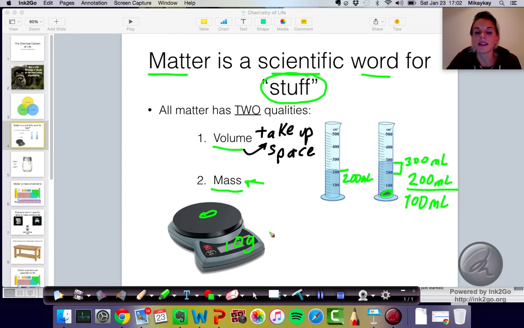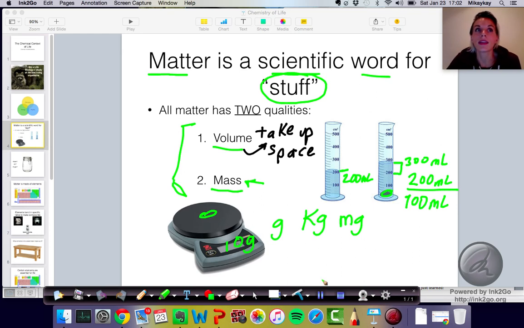Mass is measured in grams or kilograms or milligrams. I'm sure you've come across a lot of those in your home countries. They are not used in the United States as much as they should be. For some reason, we use pounds. In any case, matter has to have both of those things, right? If it has only one or the other, which doesn't really happen, but theoretically, it's not matter.